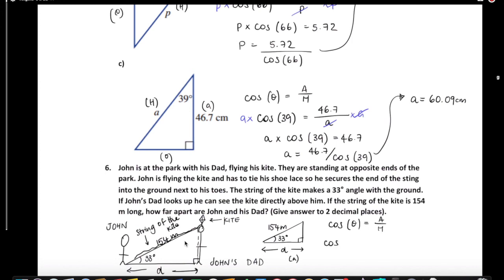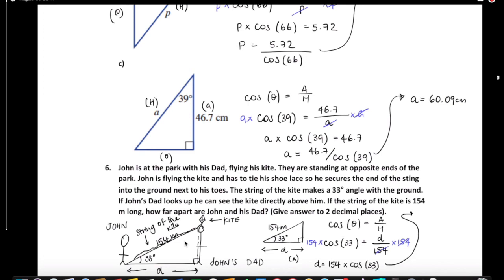So we've got cos of 33 degrees is equal to D divided by 154 meters, actually I'll forget the meters for now, and we'll come back and put that information in at the end. So now moving that 154 to the left hand side, I'm going to multiply both sides by 154, and then D is equal to 154 times cos of 33.